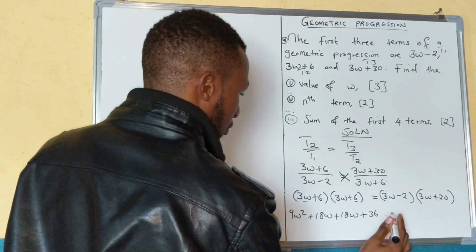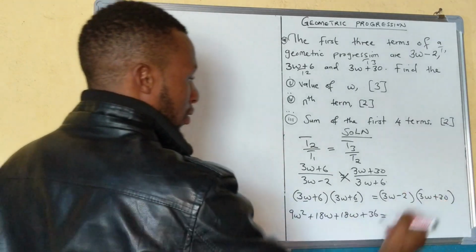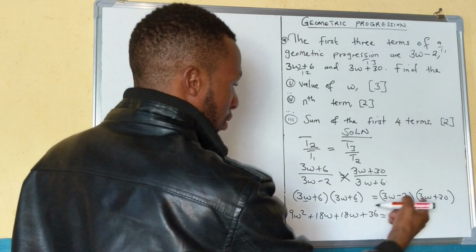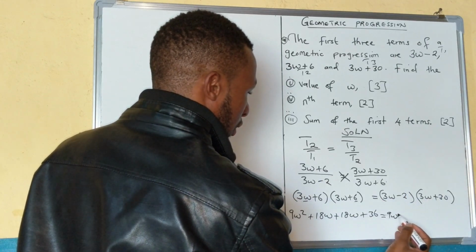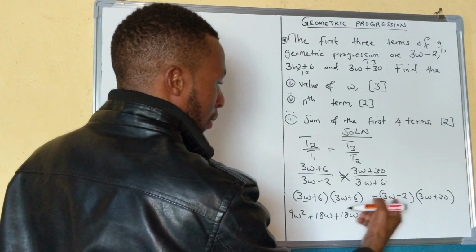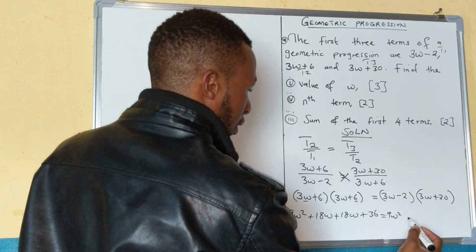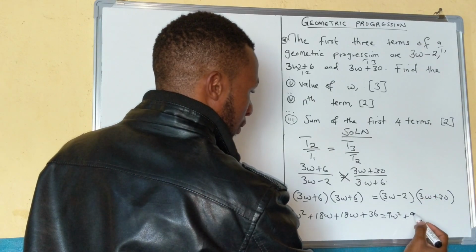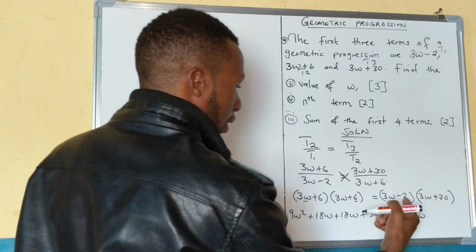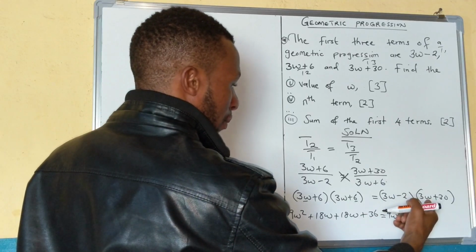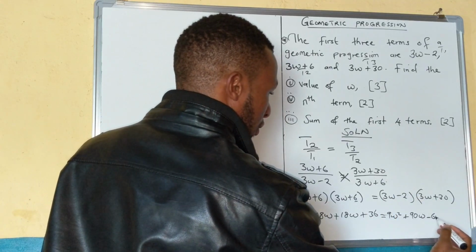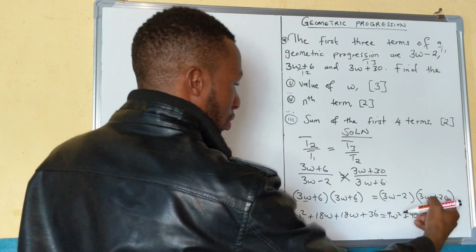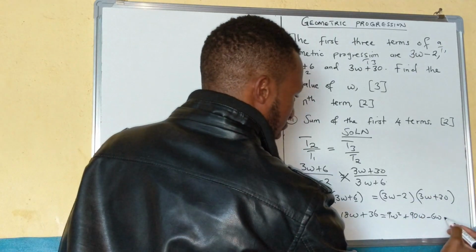Equal to, again expanding on the other side, 3w times 3w is 9w squared, 3w times 30 is 90w, then negative 2 times 3w is negative 6w, negative 2 times 30 gives negative 60.